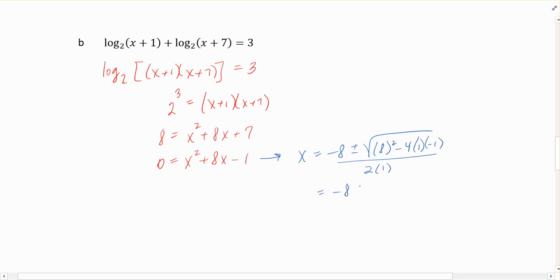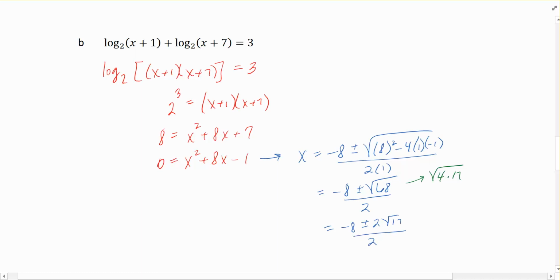Simplifying underneath the radical sign that I have up there, I get negative 8 plus or minus the square root of 68, all over 2. So 68 is actually 4 times 17. When I simplify the square root of 68, I get negative 8 plus or minus 2 square roots of 17, all divided by 2.